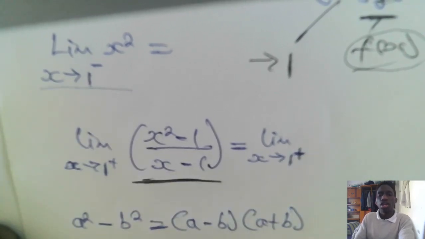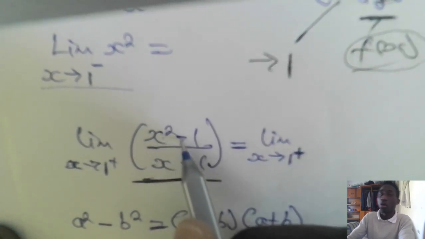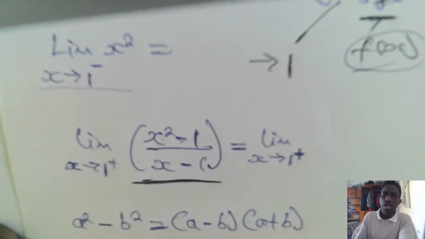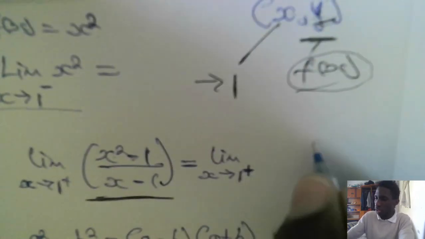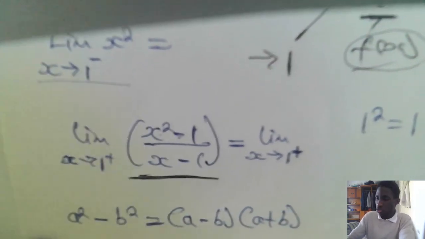Now I've seen x squared minus 1. Is 1 a square? Yes, it is. 1 squared is still equal to 1. So 1 is a perfect square.